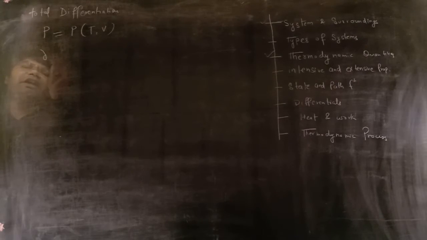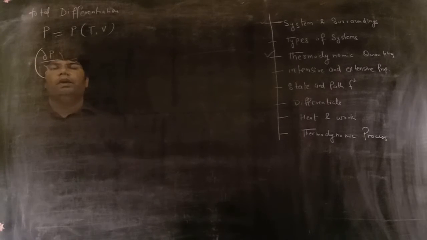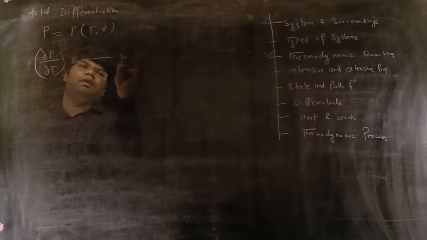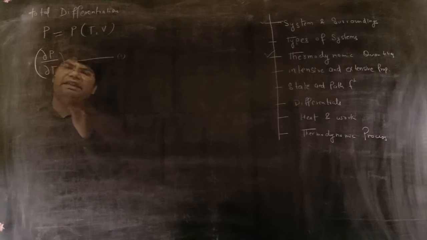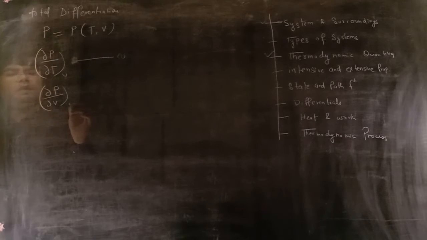First of all, keeping volume as constant, with respect to T, it will be equal to, or simply take it as equation 1. And partially, when you differentiate it with respect to volume, the equation will be like this, keeping temperature as constant.